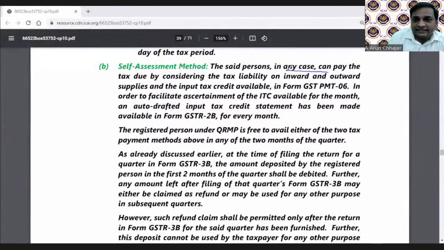In the self-assessment method, in any case, they can pay the tax due by considering the liability on outward supplies and ITC available through payment PMT 06. To facilitate the ascertainment of the ITC, an auto-drafted input tax credit statement has been made. You can calculate the ITC, and now they are talking about GSTR 2B.